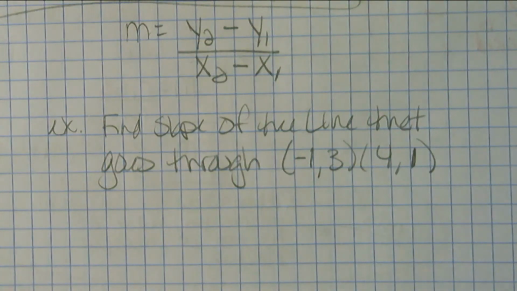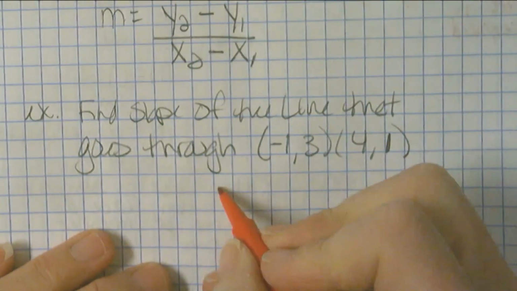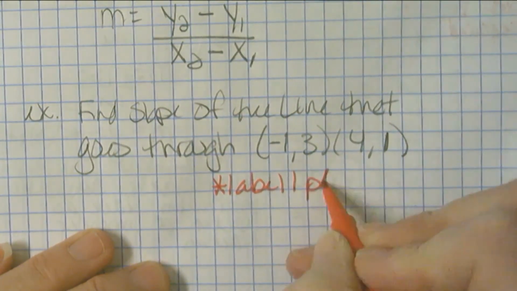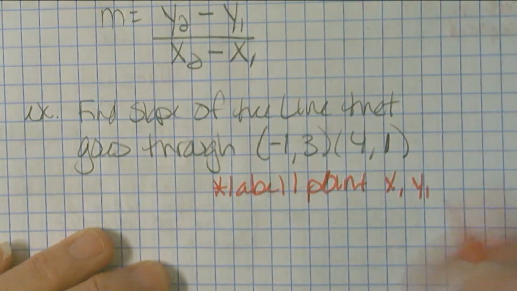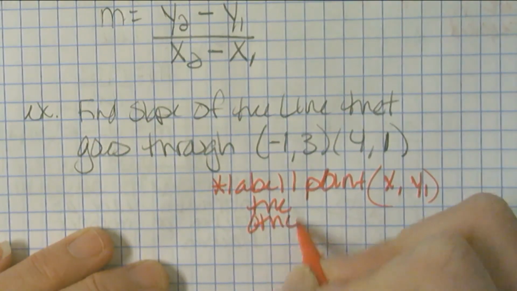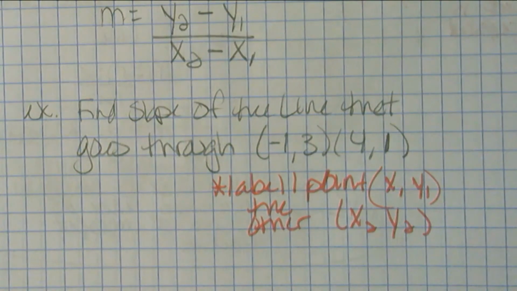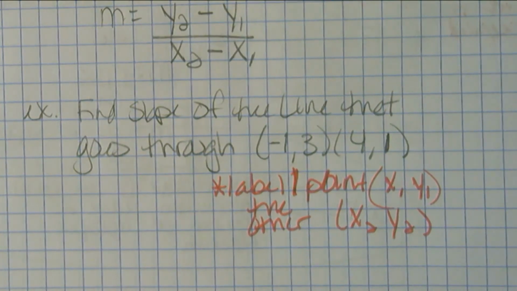Okay, what you're going to do is you're simply going to label. So I want you to label 1 point x1, y1, and the other x2, y2. So I'm going to label one of my points x1, y1, the other one x2, y2.